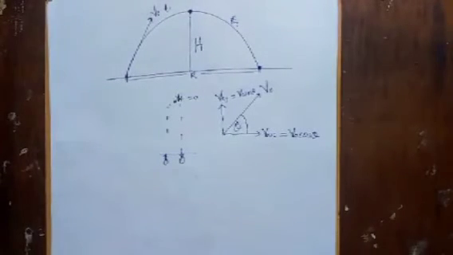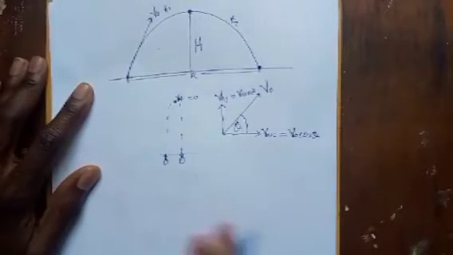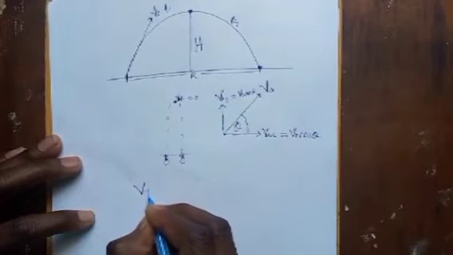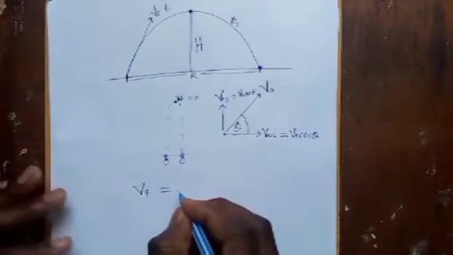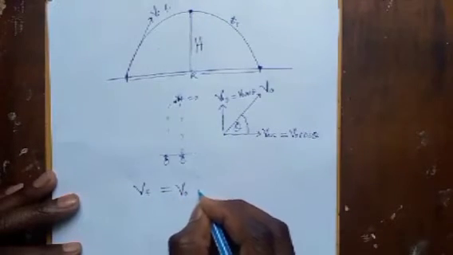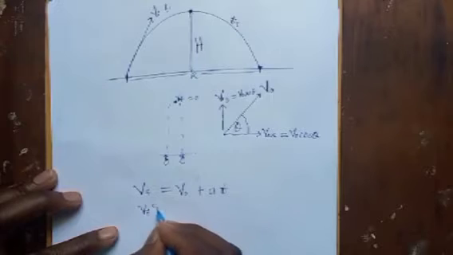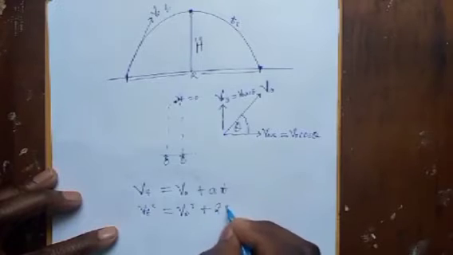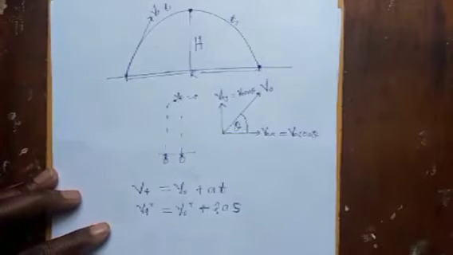We have so many formulas that apply and that we learned from grade 12. We learned about so many formulas under kinematics. We learned about this formula, the first one, V final equals V initial. Some people say U, but here we're not using U. Say V initial plus A T. We also learned about V final squared equal to V initial squared plus 2 A S, where S is the displacement and A is acceleration.